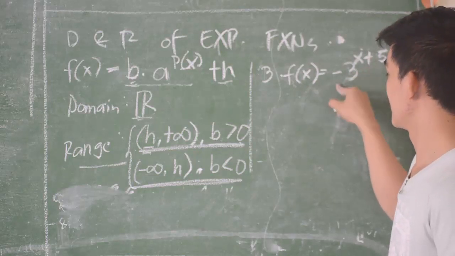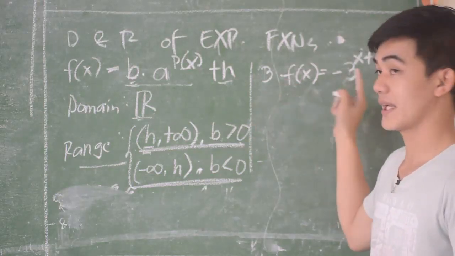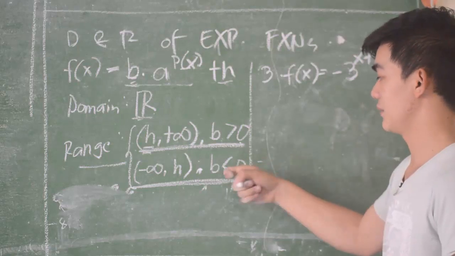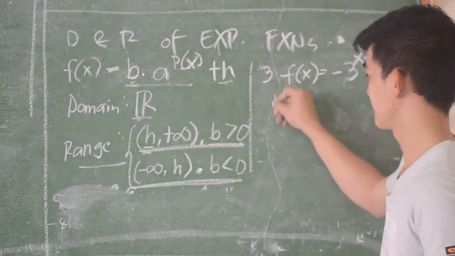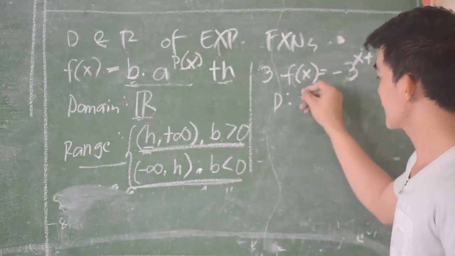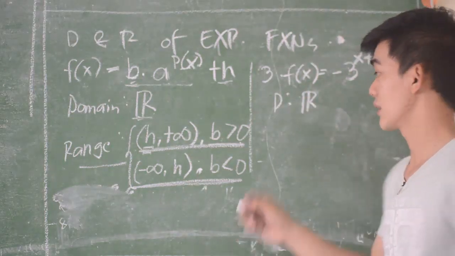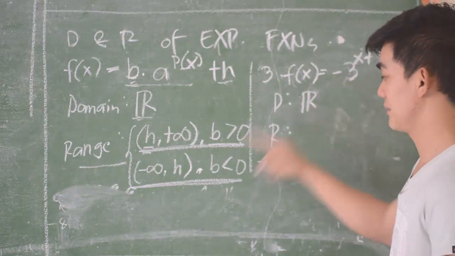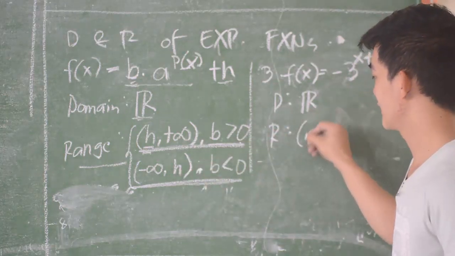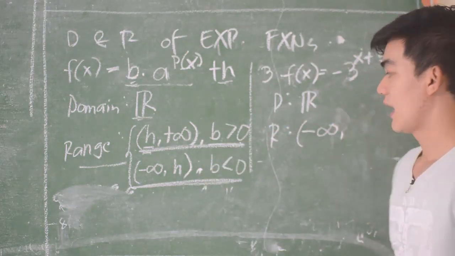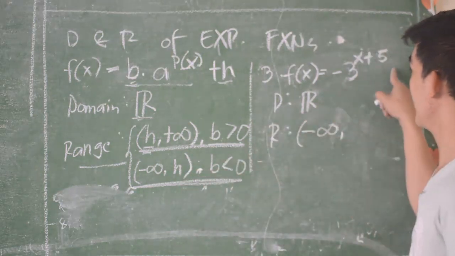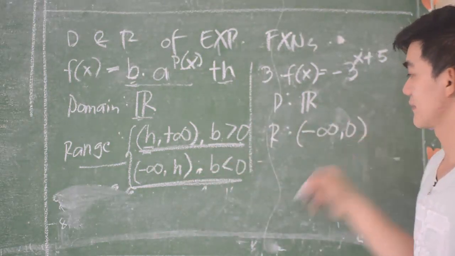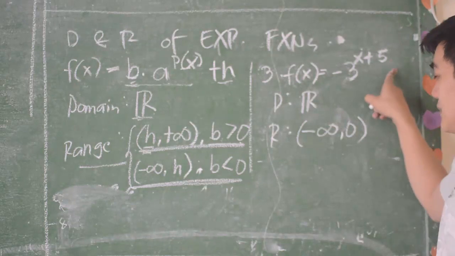Ibig sabihin may negative 1 yan dyan. So ang b natin dito ay negative 1, which is less than 0, kaya number 2 ulit tayo. Yung domain natin dito walang restriction, that is set of R. For our range, again, since negative yung ating b, we simply get this one, that is negative infinity. Ang h natin, no, walang h dito, that means that is 0, kasi walang nakasulat doon.